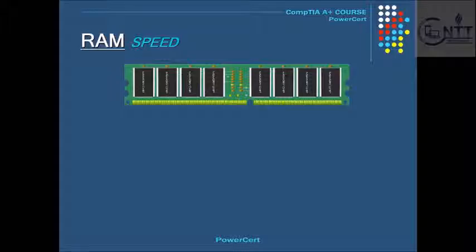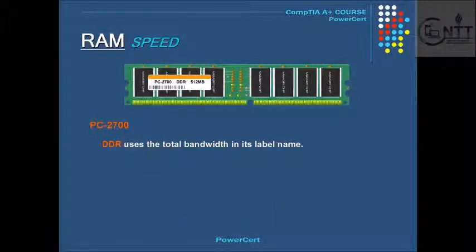DDR is also labeled differently than non-DDR RAM. Instead of including the clock speed in its name, like PC133, where 133 equals the clock speed, DDR uses the total bandwidth instead. For example, a DDR DIMM labeled PC2700. The 2700 is not the clock speed, but it's the actual total bandwidth. The clock speed for PC2700 is 333 megahertz.